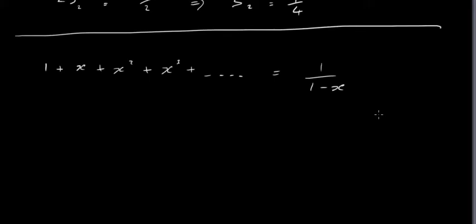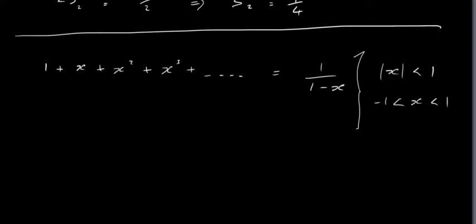Okay, I'll prove this in a minute, but really this is your basic geometric series with a as 1 and r is just x. So what happens here is you get a over 1 minus r, if you like, which is 1 over 1 minus x. Now this will work for the modulus of x, or the modulus of r being less than 1. So in other words, x has to be somewhere between minus 1 and plus 1.